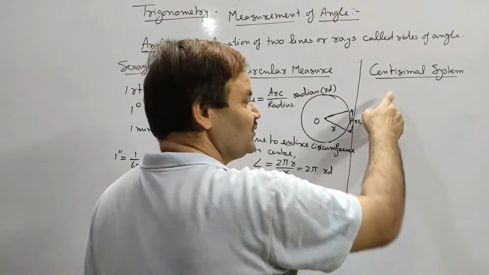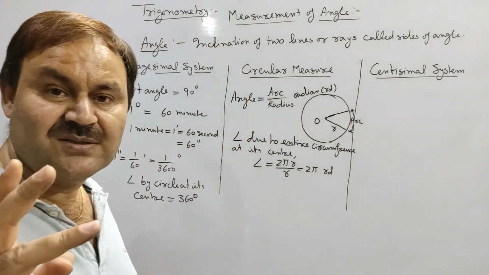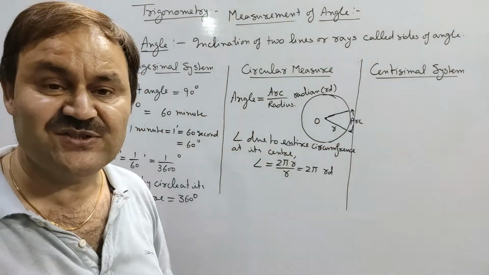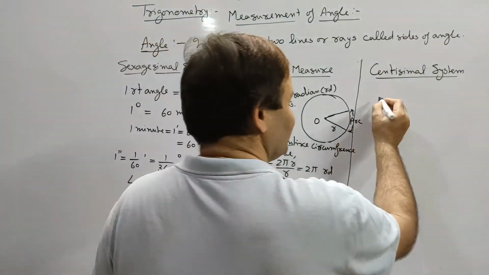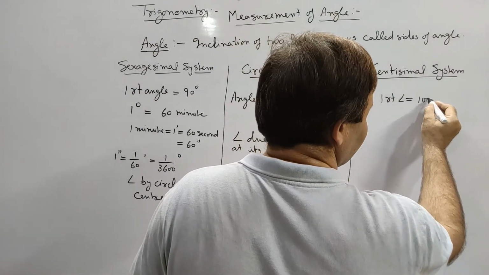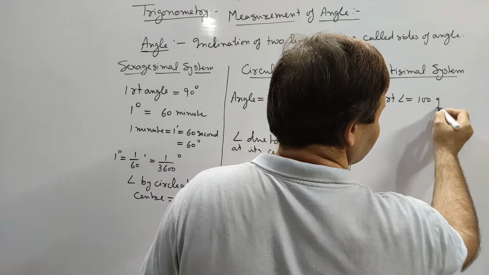Now we come to the third system of measurement of angle, and that third system is the centesimal system. In this system, one right angle is taken as 100 grad.